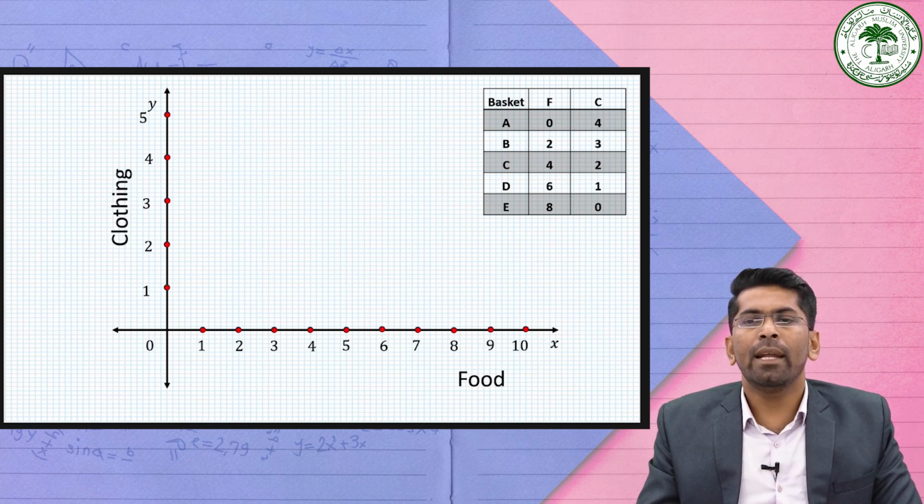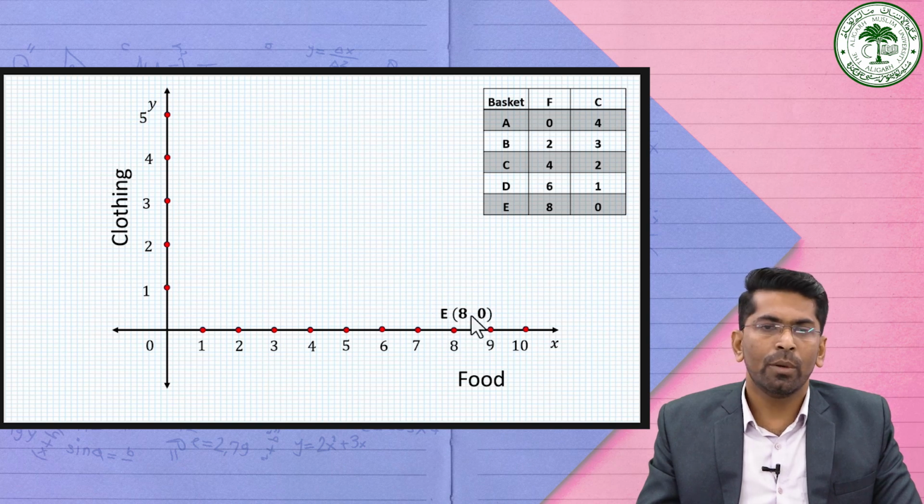Then let us mark the two intercepts on the graph. One intercept is 0, 4 and the other intercept is 8, 0. So here we are taking the point E, the x-intercept term, by assuming clothing is 0. So here it is 8. We are marking 8 at this particular point.